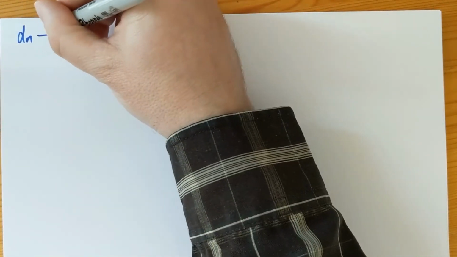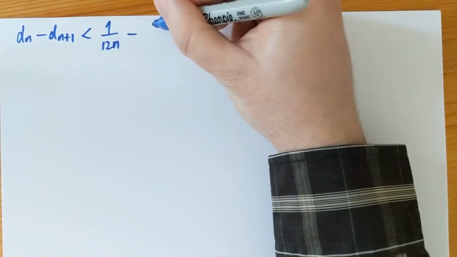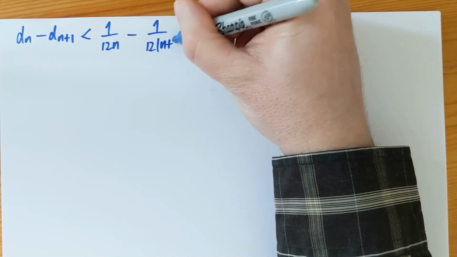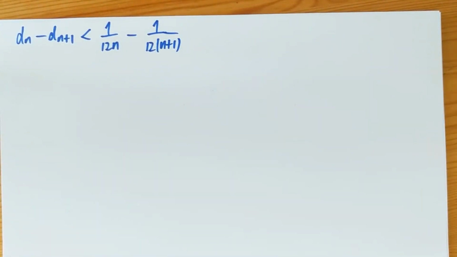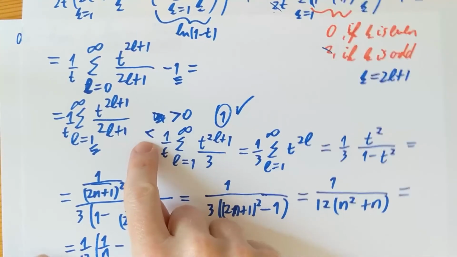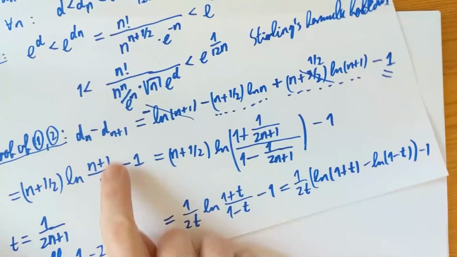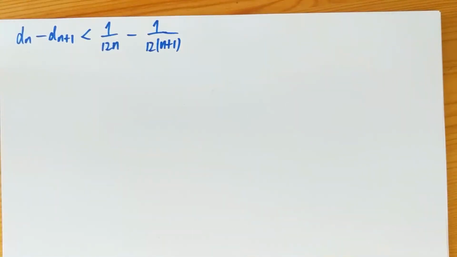So what I got so far is that dn minus dn plus 1 has an upper bound in the form of 1 over 12n minus 1 over 12(n plus 1). This is the summary of the previous few pages, right? 1 over 12n minus 1 over 12(n plus 1) is an upper bound on dn minus dn plus 1. All right?